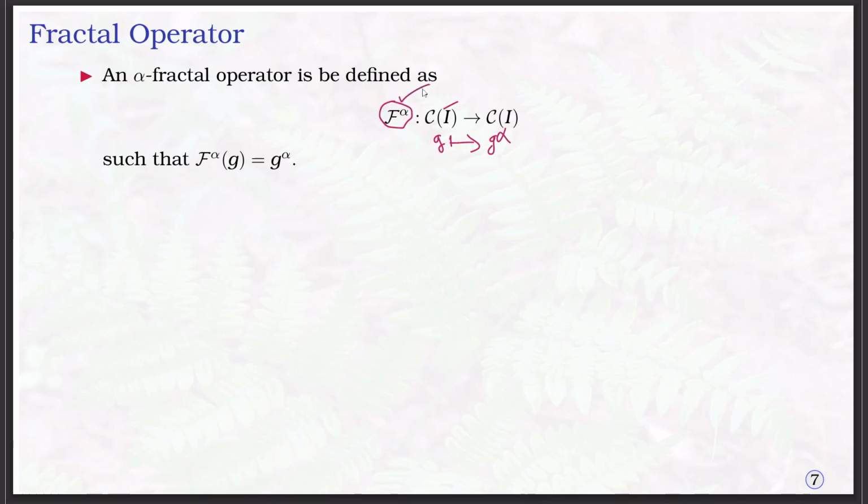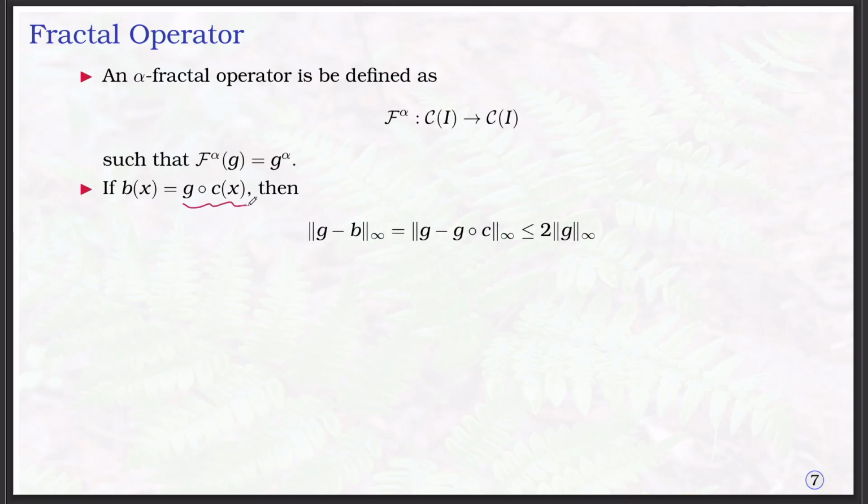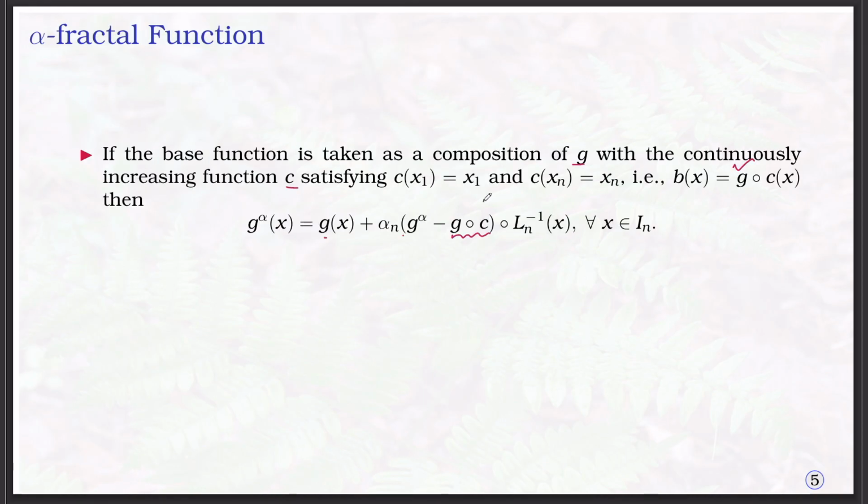So this operator maps a continuous function to its alpha fractal function, so it maps G to G of alpha. Now if B of x we are taking as this form, where G is the continuous function passing through the given data, and C is defined here, the endpoints of C and G are the same, whereas both are not identical functions.